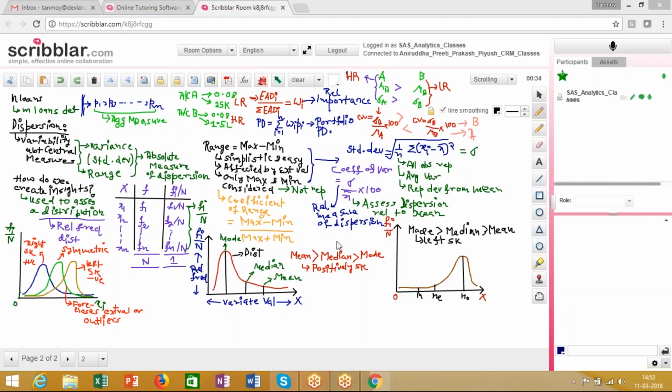Now, basically, what you can see is that whenever skewness arises, the variable contains two or more heterogeneous groups of values. Over here, this part represents a group of values, and this part represents another group of values.